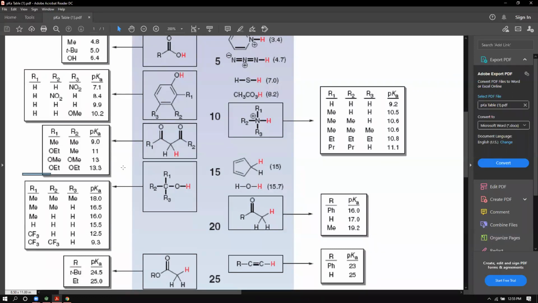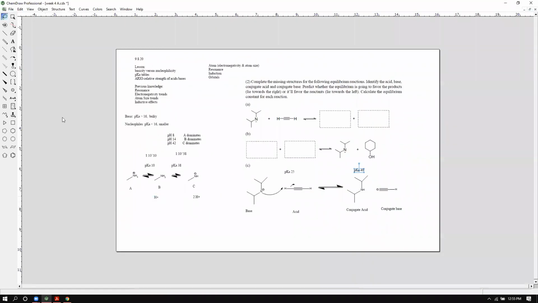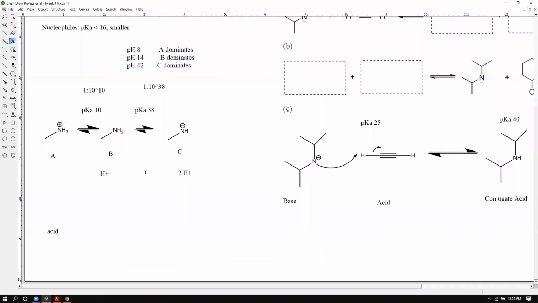Finally, we get to the sp, the orbitals. Sp is more acidic. Let me draw this out. SP is more acidic than SP2, which is more acidic than SP3. The more S character, the more acidic.